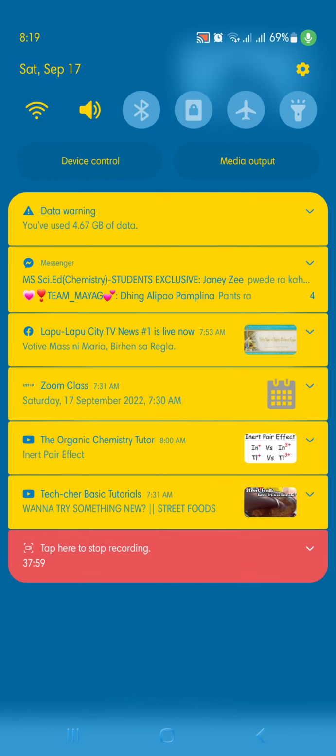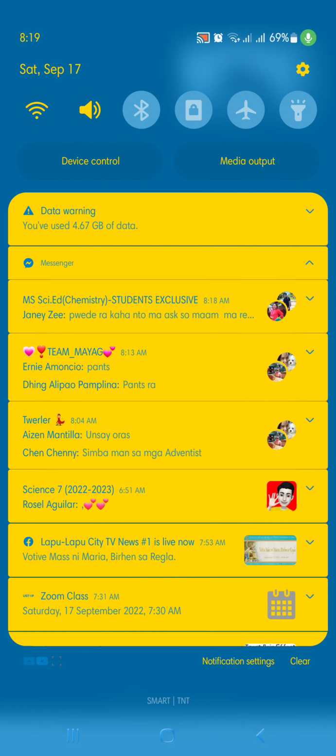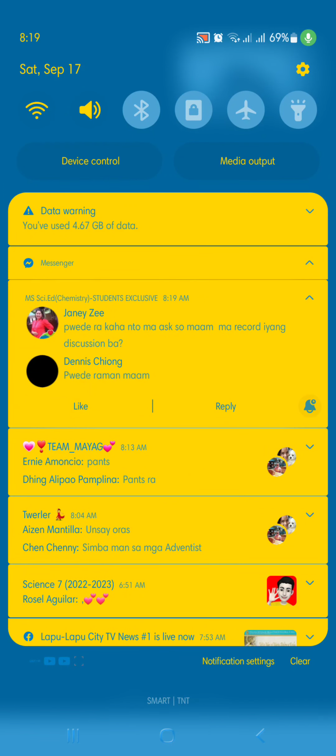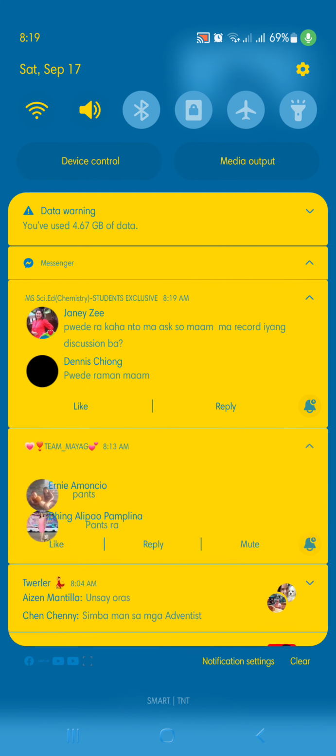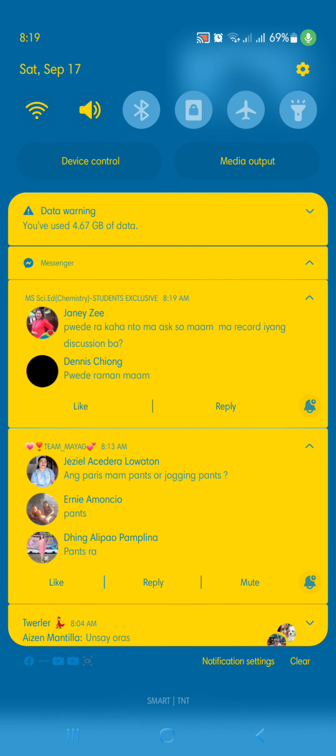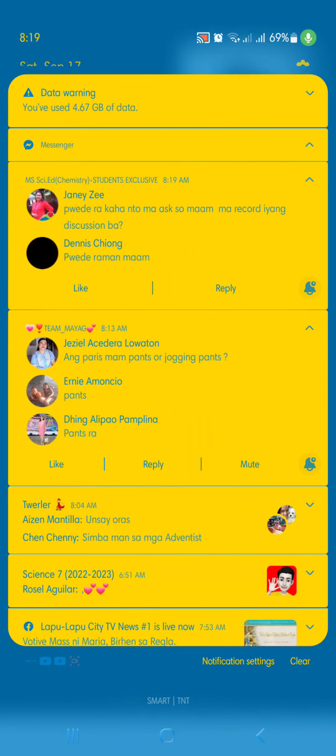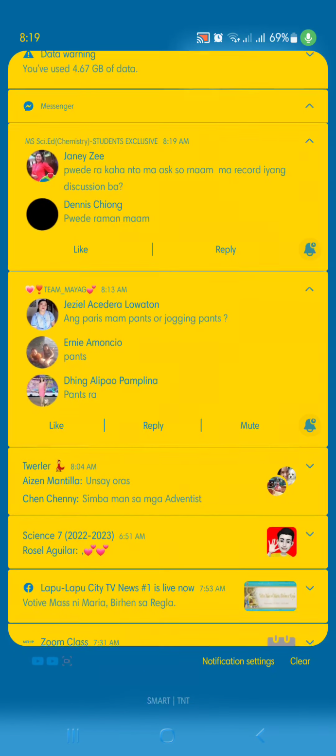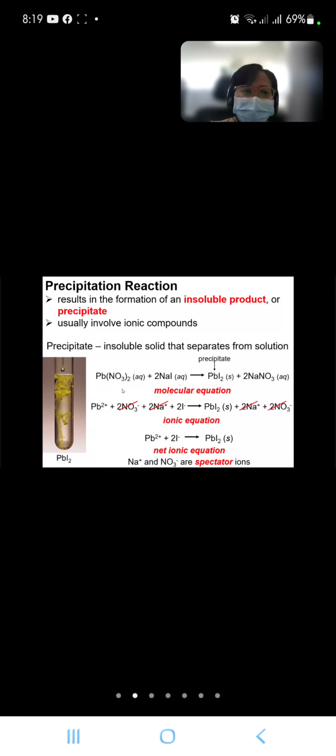Now, after writing the molecular equation, we need to ionize them. Kay aqueous man sila, meaning na-dissolve man sila sa water. So, atos lang i-ionize. Okay? Like, in lead 2 nitrate, kung ato ni siyang i-ionize, okay, tanawa, you look at the subscript of nitrate.